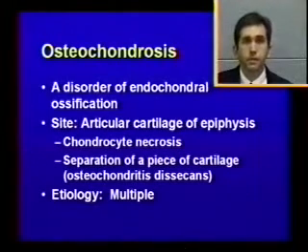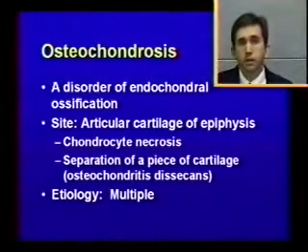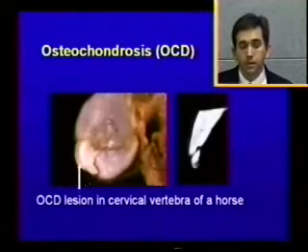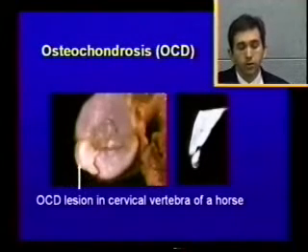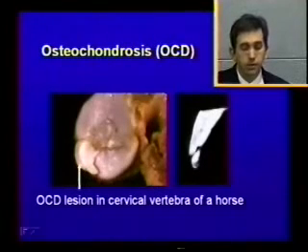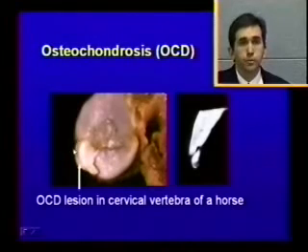The problem with this is it has multiple etiologies. It's probably partly inherited, it's partly attributable to diet, and it could be also affected by management, excessive weight gain, or trying to enhance the growth rate of an animal may predispose to this condition. This shows an osteochondrosis, or an OCD lesion, of the articular facet of the vertebra.